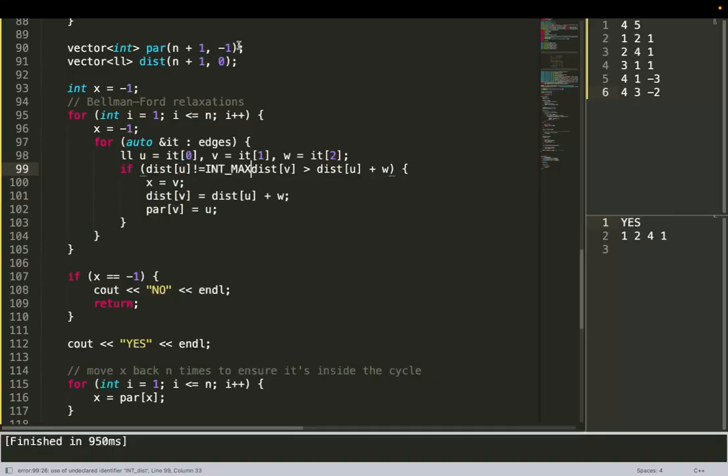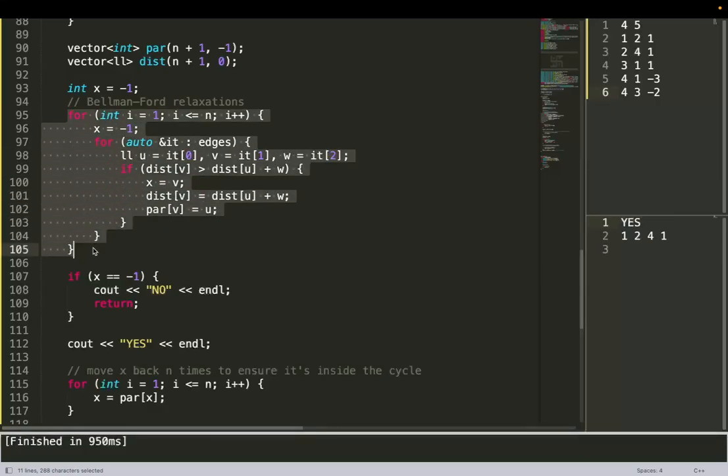Even if I had initialized with int max, I wouldn't have kept this condition, because I am not checking whether u is reachable or not. I am only looking for relaxation. So if distance of v is greater than distance of u plus w, this means I need to relax this edge. The node getting relaxed is v, right? So I am modifying my x to v, modifying the distance, and modifying the parent of v as u.